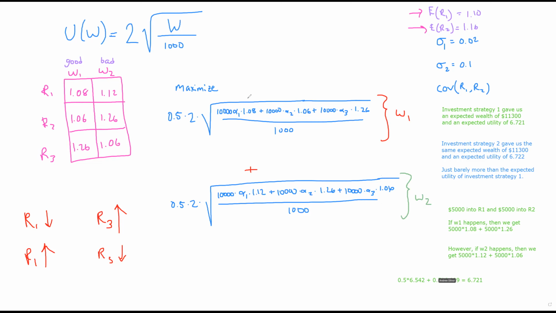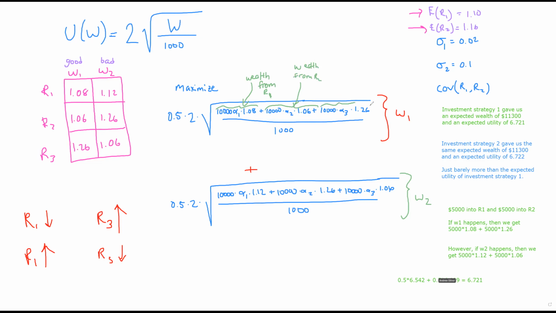Notice that this term is my wealth from R1. This is my entire wealth from R2.